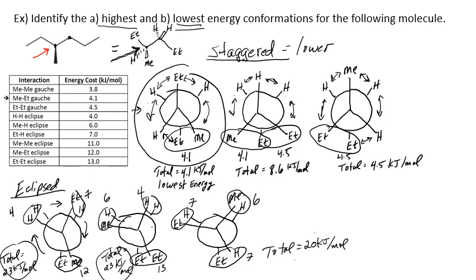So these are equal in energy, and they're both the two highest energy conformations. This approach, again, is a little different than the one that you saw in the notes, which was more qualitative. I think this one might be a little bit easier to understand because you're just using the tables and values that it will be given.